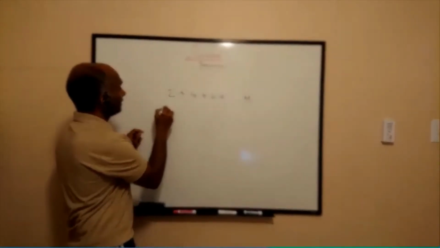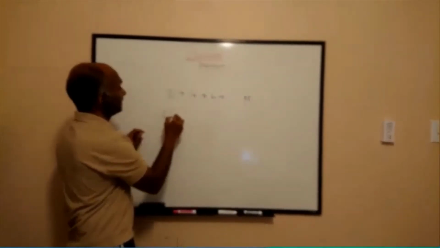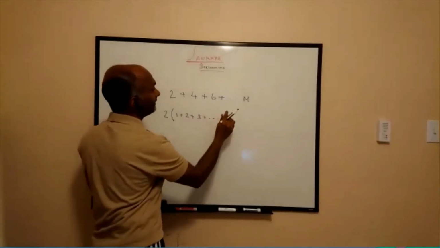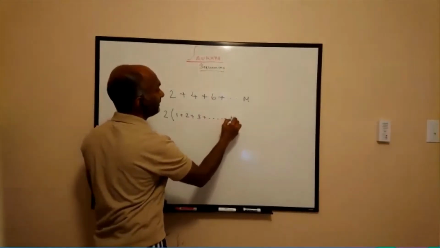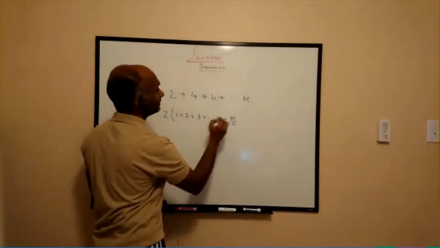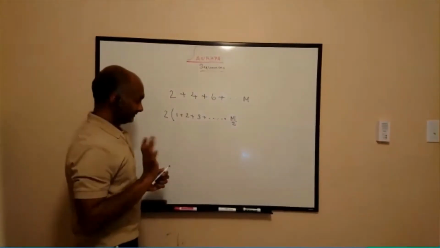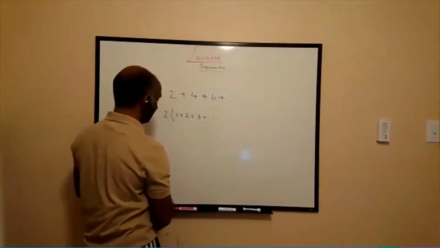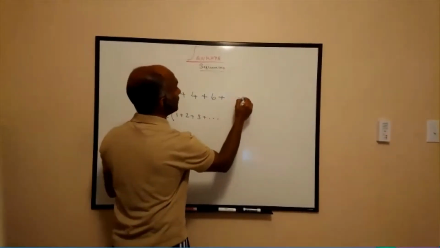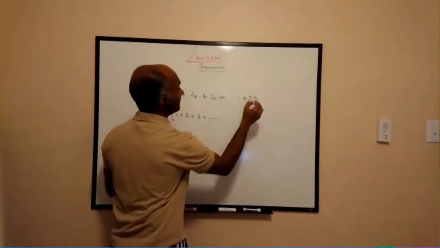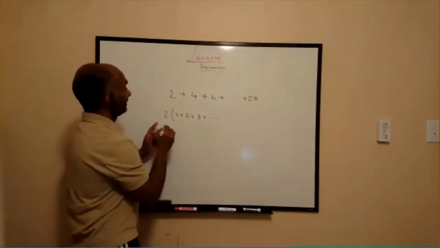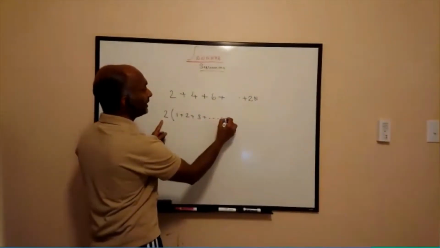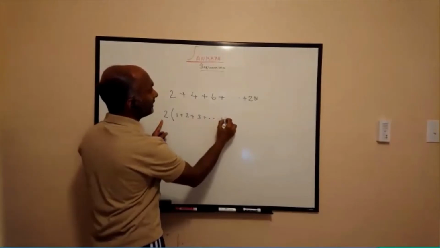So what I have is 2 times 1 plus 2 plus 3 all the way to n.